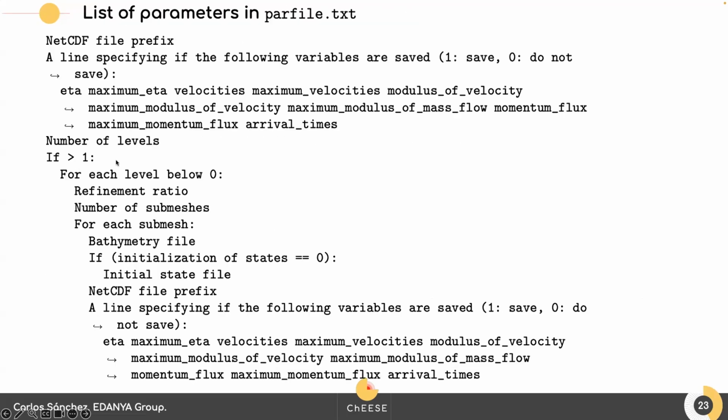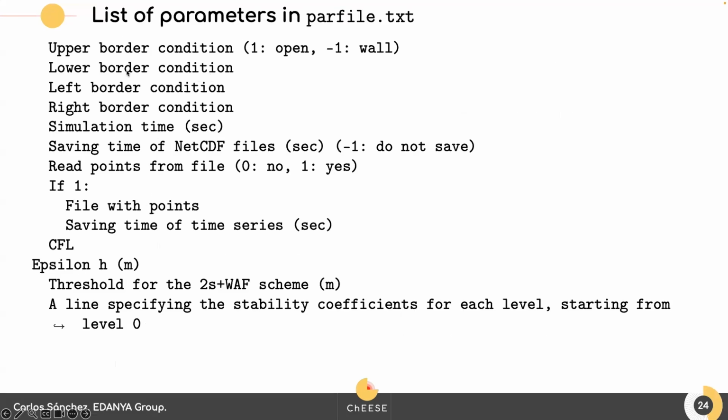And after doing that for each level, we also provide other variables, such as the border condition for the boundaries, 1 for open, -1 for wall: upper, lower, left, and right border condition.